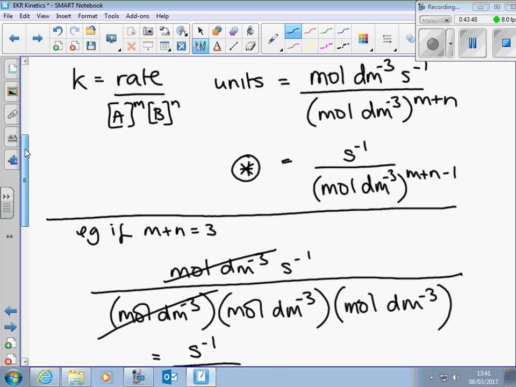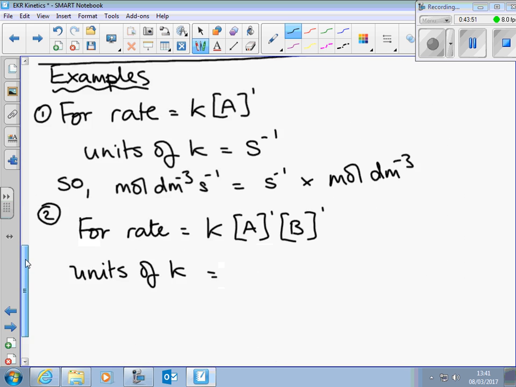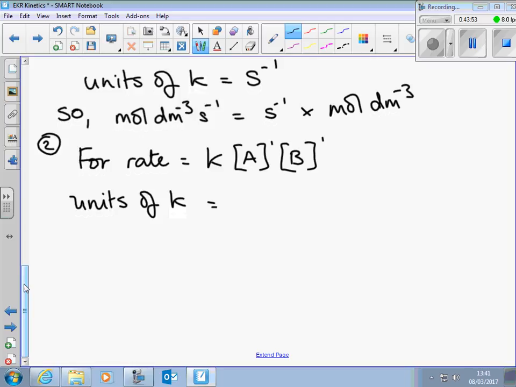If we use that to work this out, n plus n in this case is 2. We know we've got seconds to the minus 1 on top. We will always have that. So on the bottom, we've got moles per decimeter cubed to the power 1. We don't need any fractional unit, no, we wouldn't tend to put it like that.